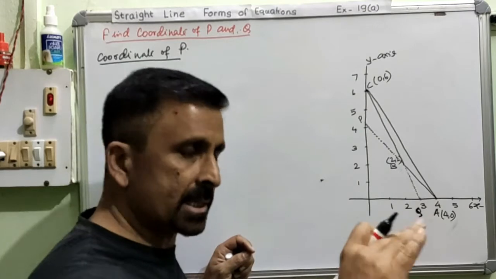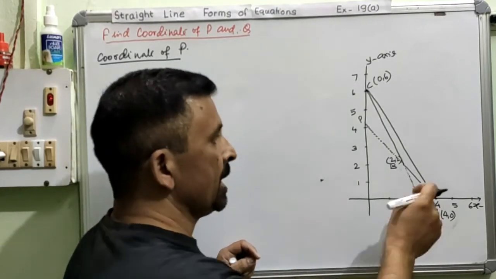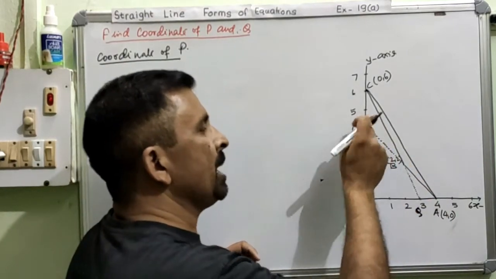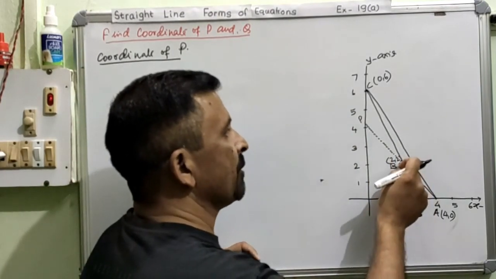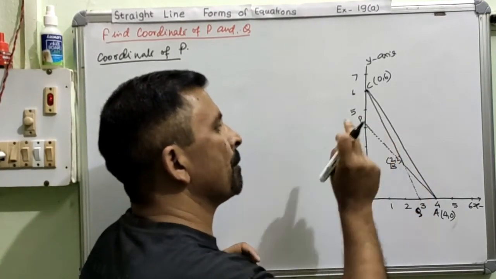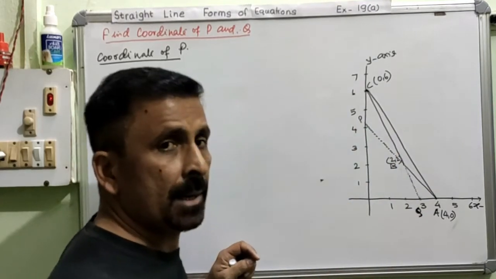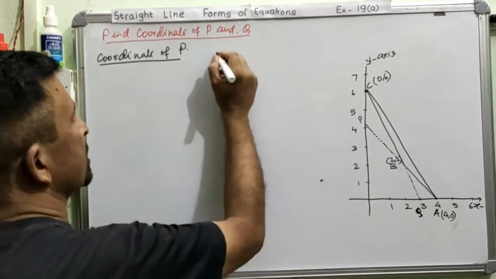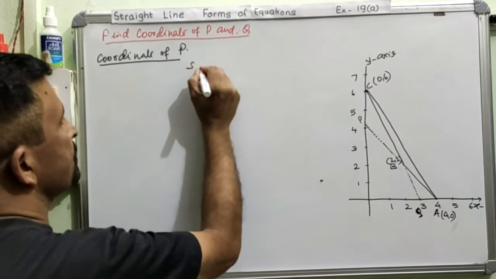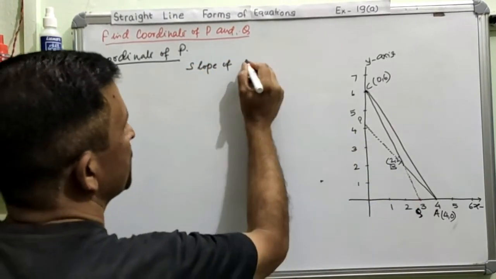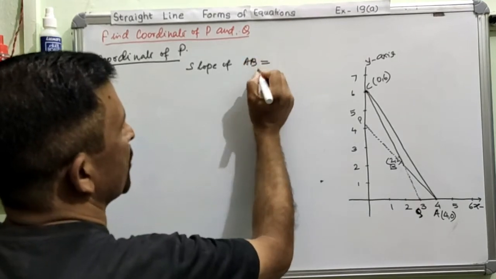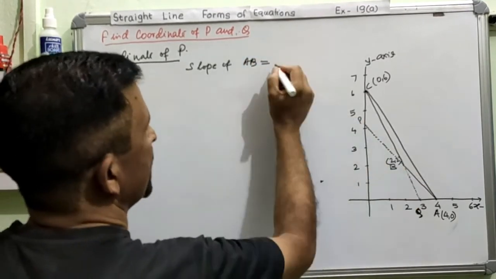Since A, B and P are on the same line, the slope of AB will be equal to the slope of BP.